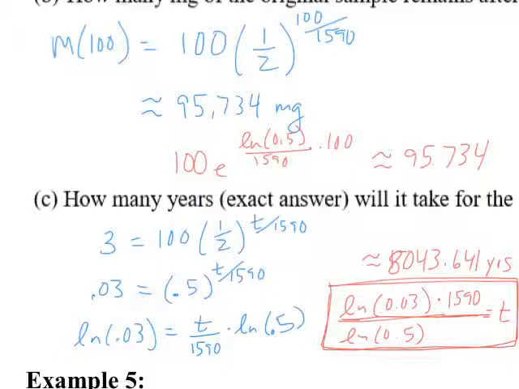And if you thought about this, we go from 100 to 50 to 25 to 12 and a half to 6 and a quarter to 3.125, I think.